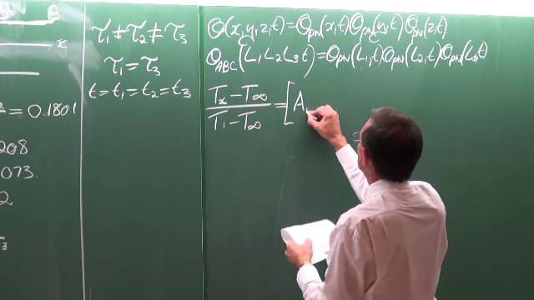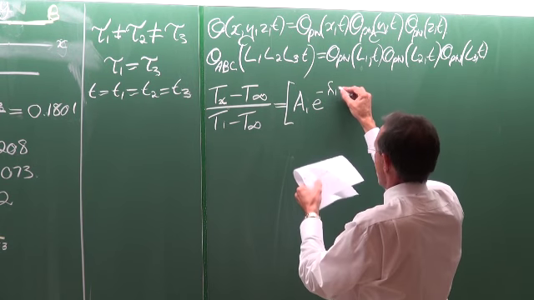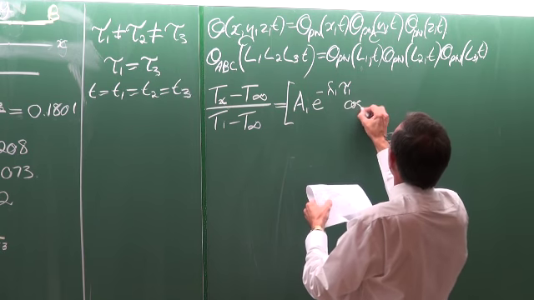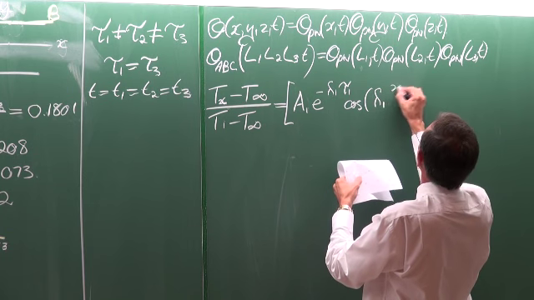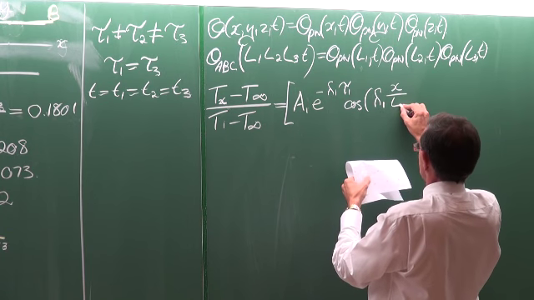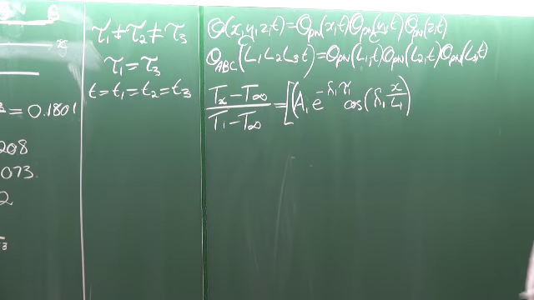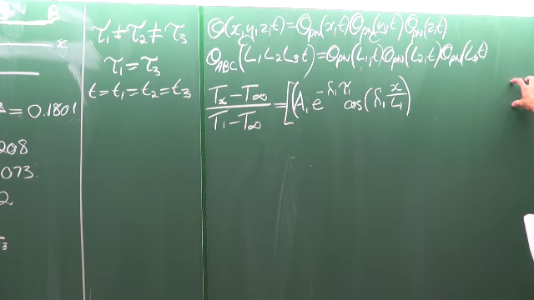A1 e to the minus lambda 1 multiplied by tau 1 multiplied by the cos of lambda 1 multiplied by x divided by L1. That would be the first term. Now, you're going to have an A1 here and an A1 and an A1.